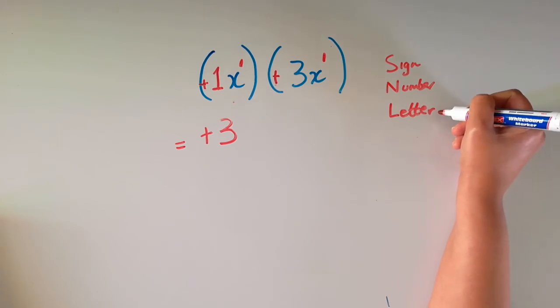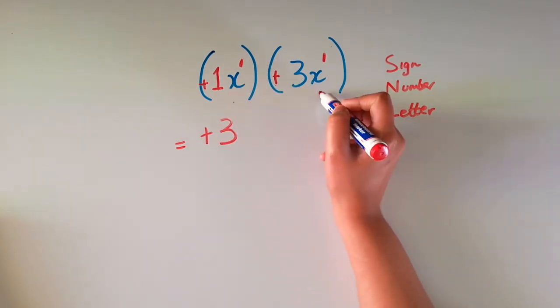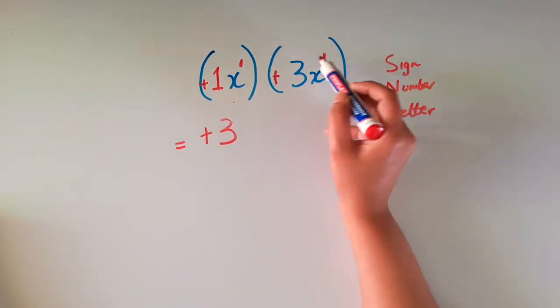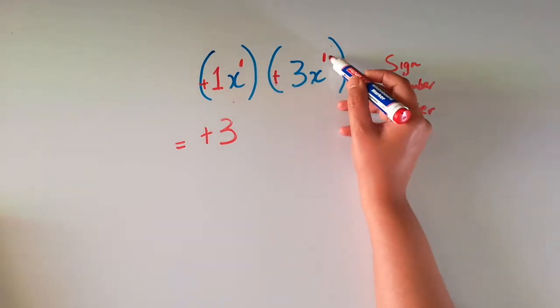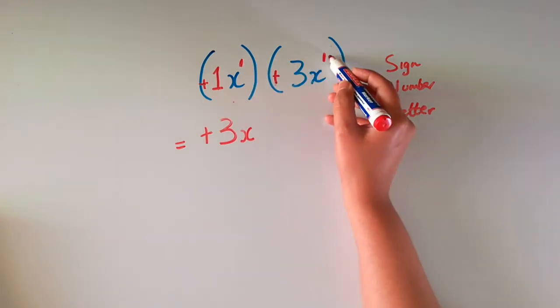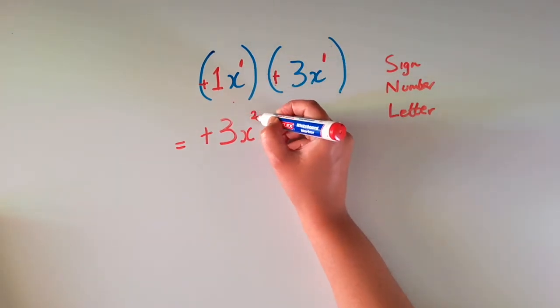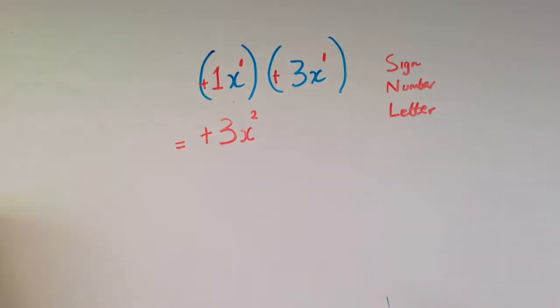Now we learned from the video on rules of exponents that when we multiply, we need to add those exponents. So x to the power 1 times x to the power 1 will give us x to the power 1 plus 1, which is x to the power 2. Simple. Let's try another example.